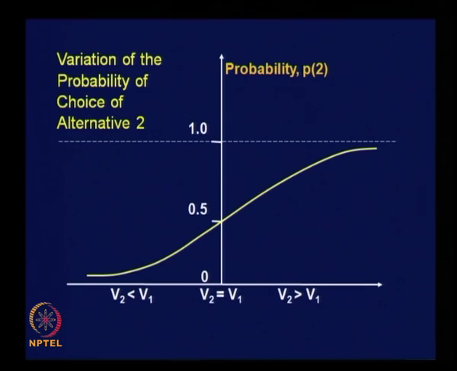It is not strictly based on the systematic or the quantifiable part of the utility of the alternative modes. It is also dependent on the actual random part which can be explained only based on the nature of perception of the individuals, right.